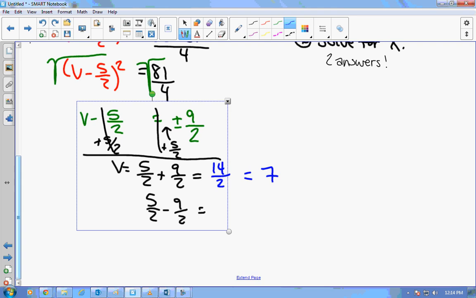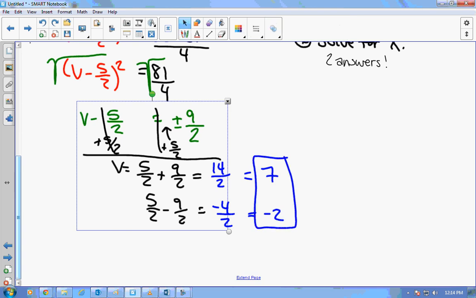Fernando? What's 5 minus 9? Almost. 5 minus 9 is negative 4. Over 2. Negative 4 divided by 2 is a pretty number. Negative 2. We don't have to round those decimals because they're integers.